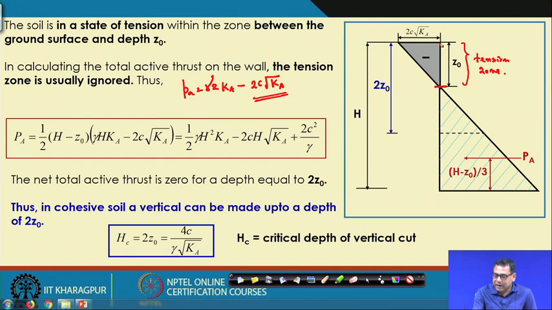So a crack will develop in this zone up to z_0. And another very important thing: in this zone the stress is acting in this direction because it is negative, and on this side your stress is acting in this direction.